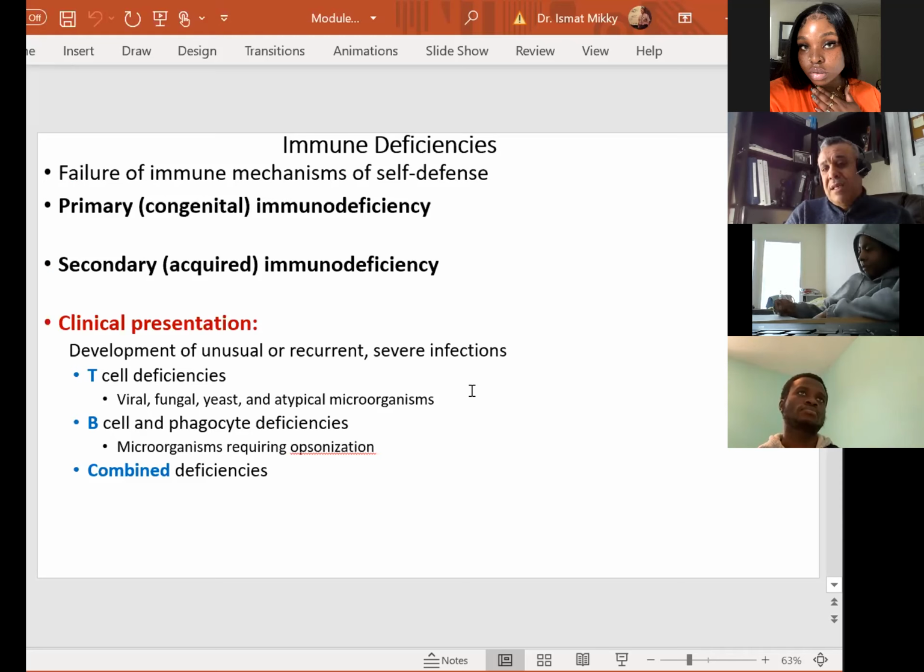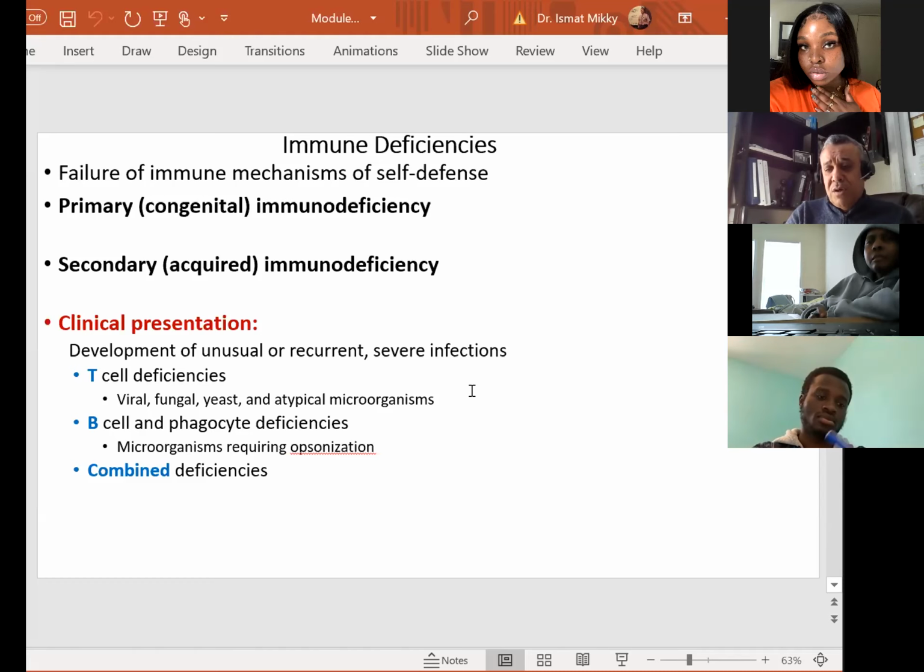So when we send the specimen, blood, urine, wound drainage, secretions, or any type of CSF, or any type of bodily fluid, for culture and sensitivity, we call it C&S.